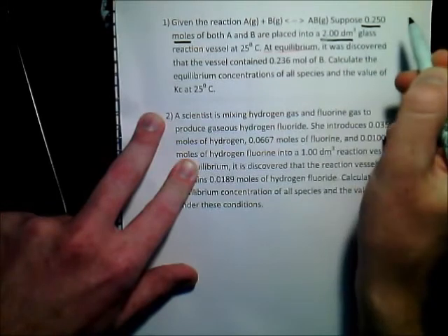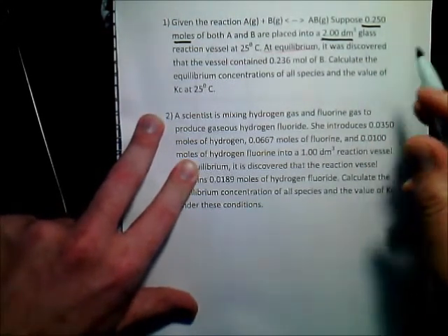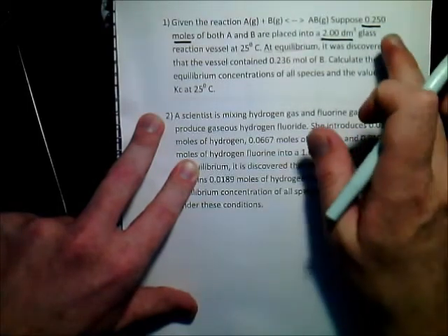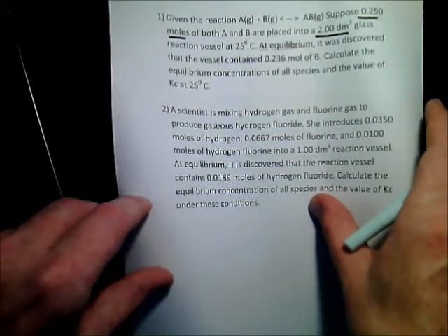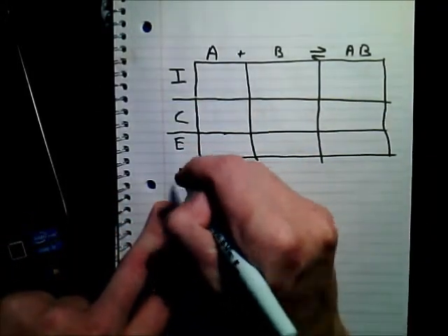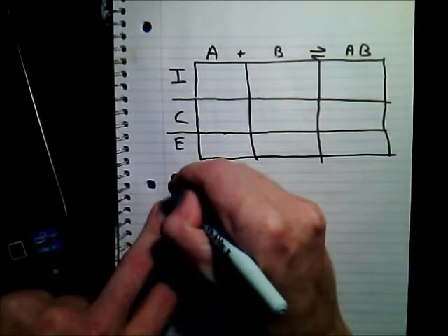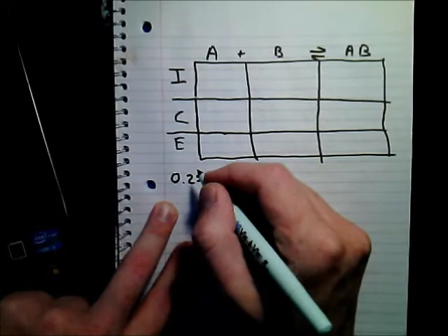But we are also given a volume. So before I put anything into the ice table, I'm going to turn this moles and this volume into a concentration. Hopefully this is something that is becoming second nature to us at this point, but I'm going to do the concentration in moles per cubic decimeter, or molarity, same thing.